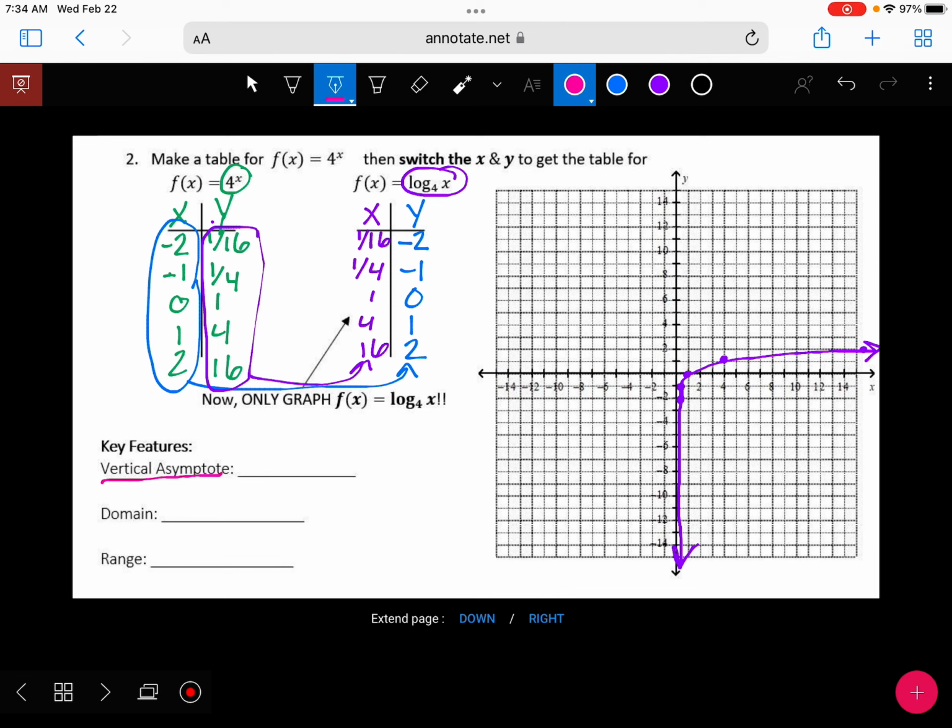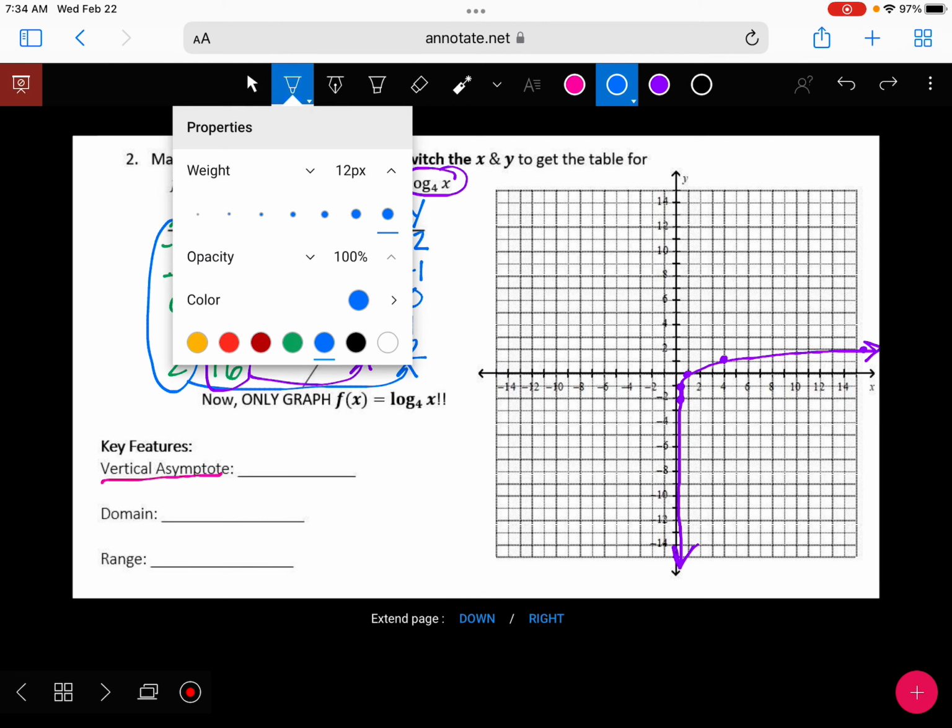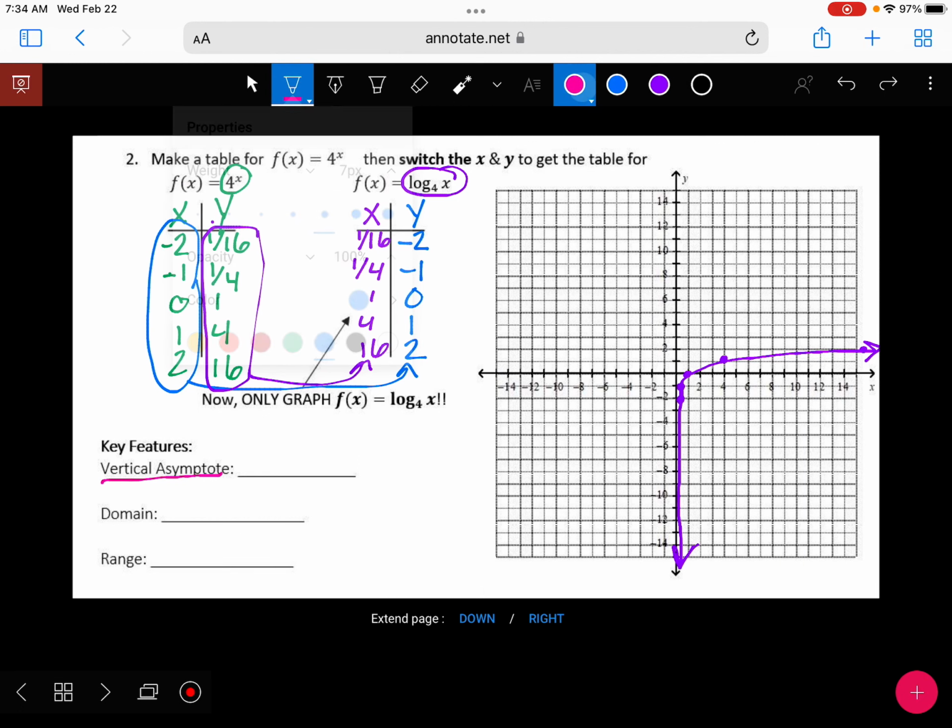So we have to put these in terms of a line. And a vertical line we put as x equals. So right here, which I'm actually going to use the chunkier marker. We typically do it as kind of a dashed line.